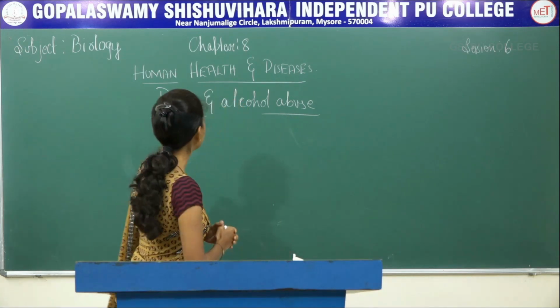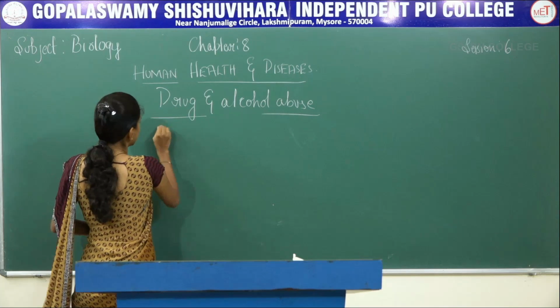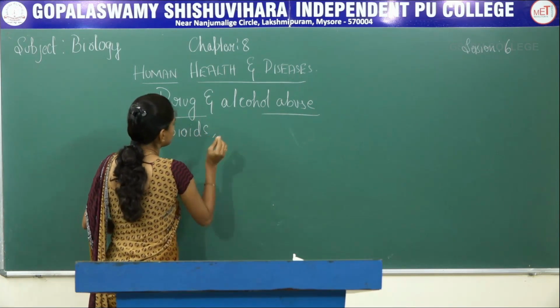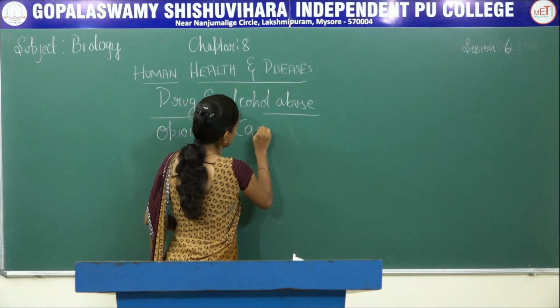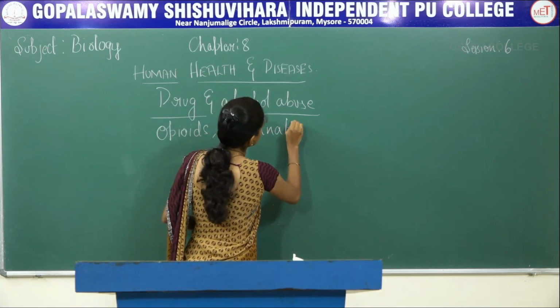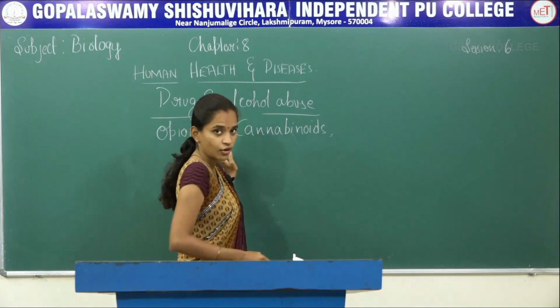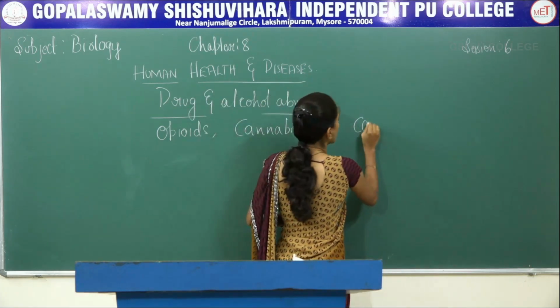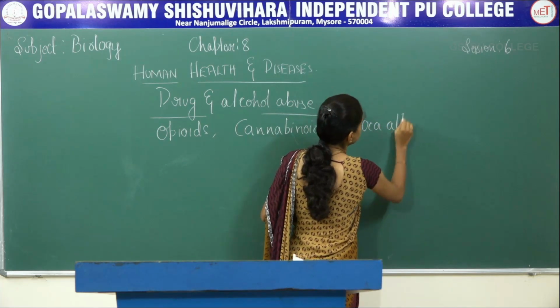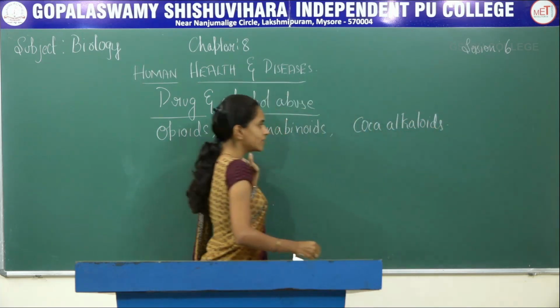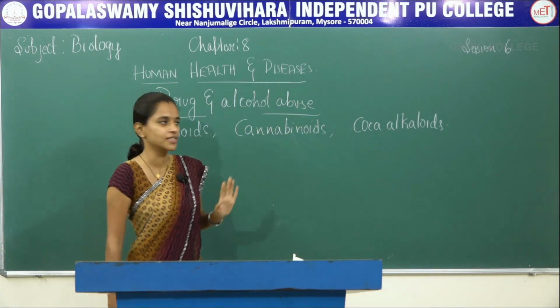There are three different types of drugs: opioids, cannabinoids, and coca alkaloids. All these are extracted from flowers itself.